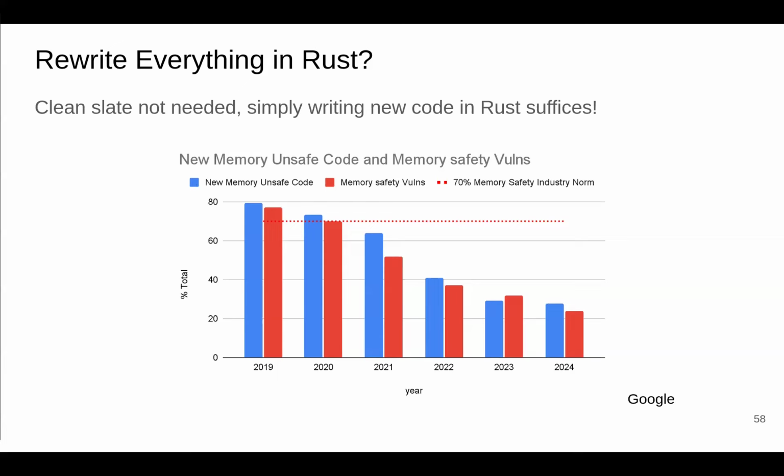Now, I am somewhat dubious that the amount of memory safety errors actually goes down. There's still code being rewritten or changed in C and C++, which exposes new vulnerabilities. So what they didn't show is that 5 years before, it was like this, right?